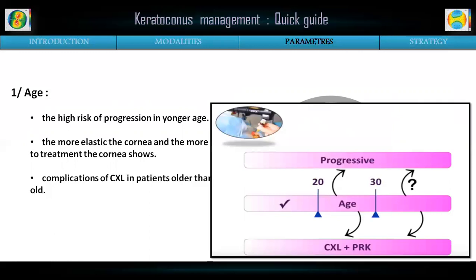And for the age, if we have keratoconus in a patient under 20 years old, we have to do cross-linking without waiting for progression. And if the age is between 20 and 30, we have to look for the progression. If it is stable, we can suggest to him to do a cross-linking and PRK.